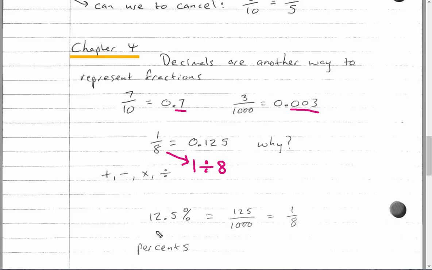In chapter 4, we also look at percents. So here's a percent, 12.5%. We can convert this into a fraction or a decimal. As a fraction, it's 125 over 1,000, which reduces to 1/8.